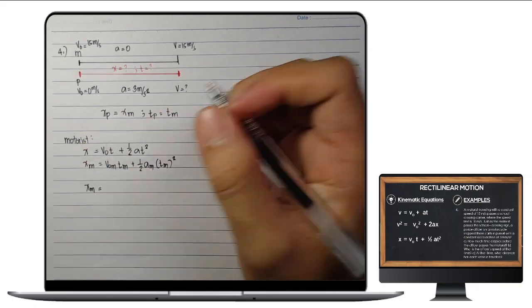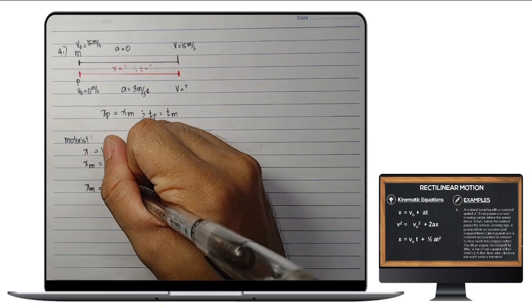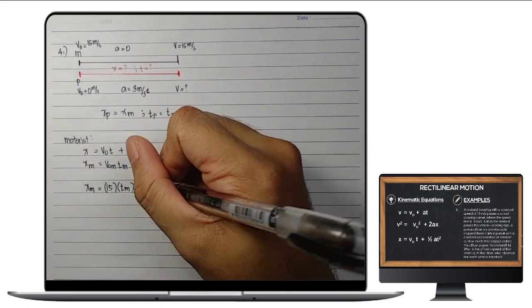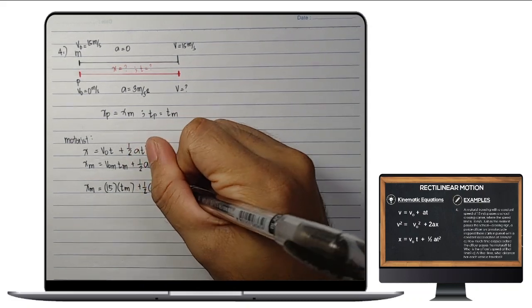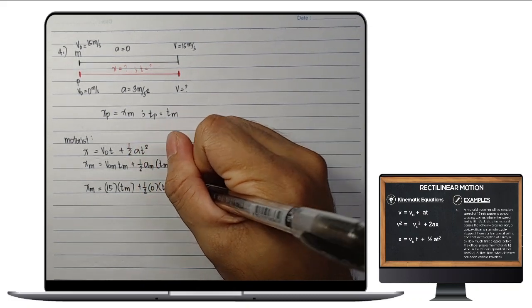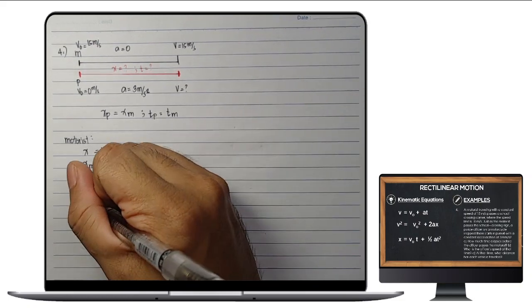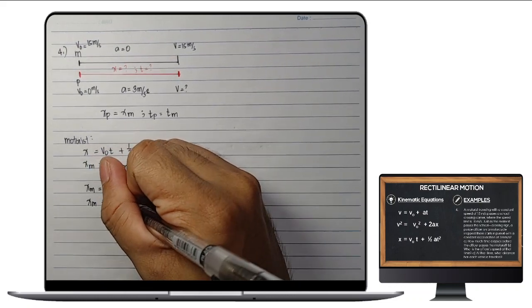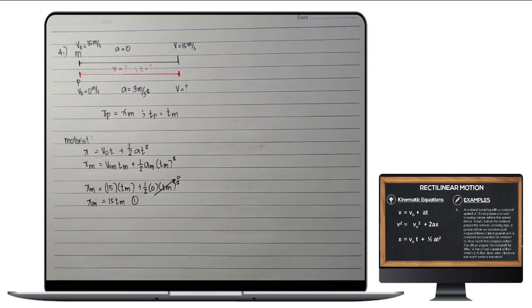The initial velocity is 15 meters per second, and we do not have the time of the motorist. Then plus 1/2, his acceleration is 0, times the time of the motorist squared. So we can cancel this one out. Therefore, x of the motorist is 15 times time of the motorist. Let's have this as equation 1.